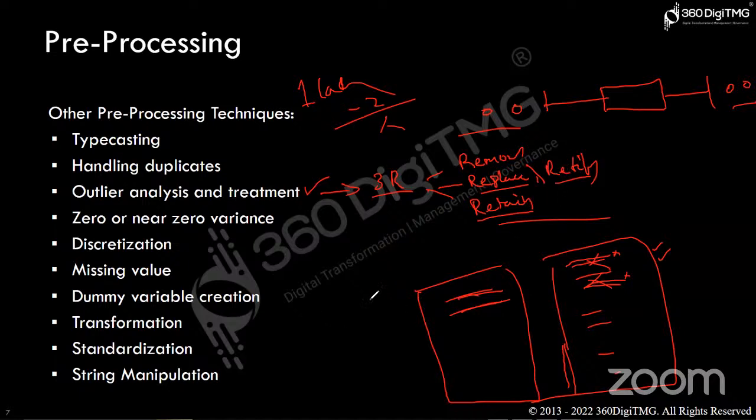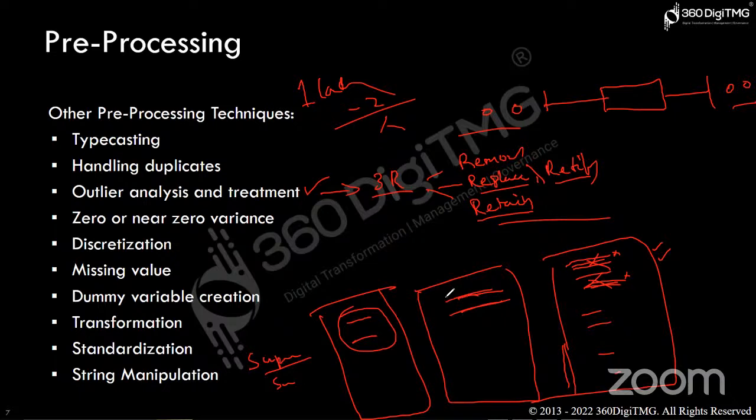Now retention. Suppose in the same case, we ask the subject matter expert why there is a spike in this data, why these values are coming up. The store manager told us, yes, these are our super Sundays. Here we give out mind-blowing sales, due to which our sales have increased over all the weekends.